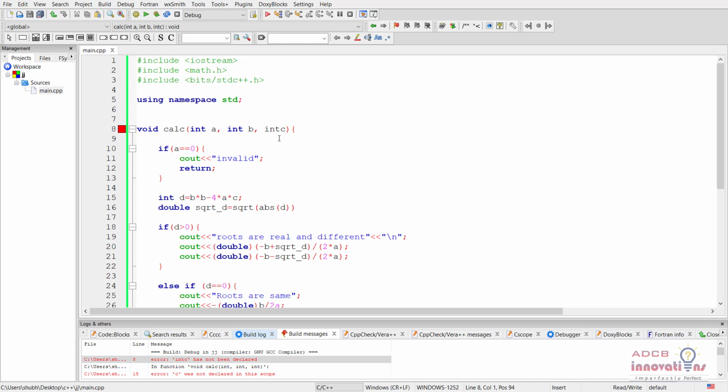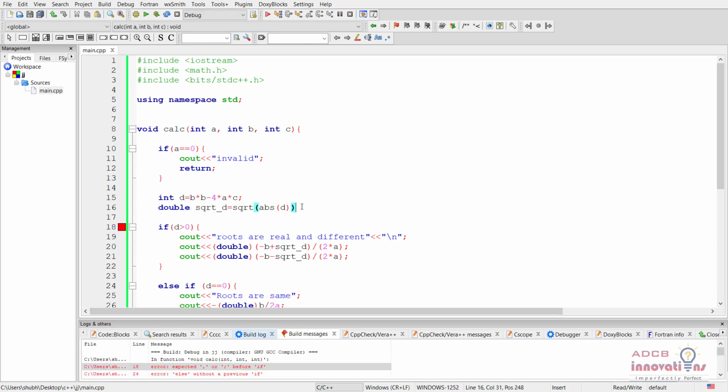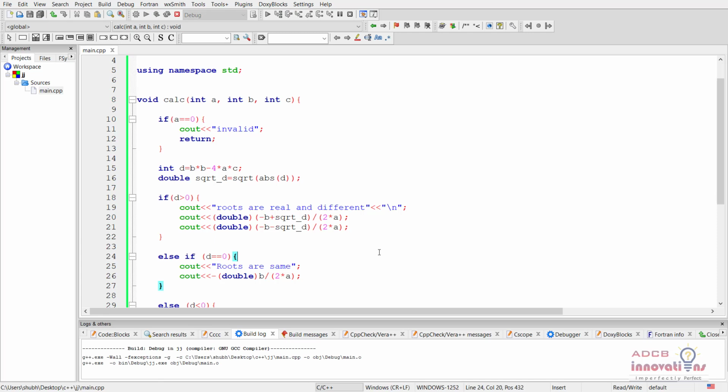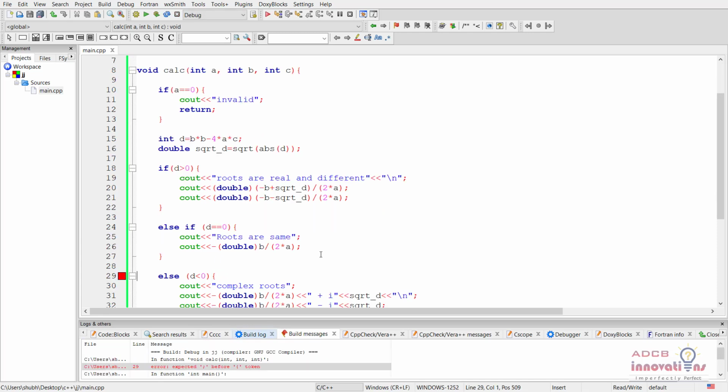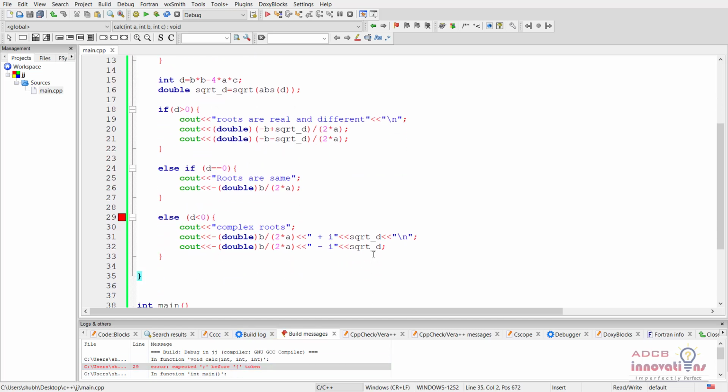There are errors. Int c, I forgot the space. So let's just compile again. We forgot the semicolon here. There are too many errors. Let's just see what this error is.